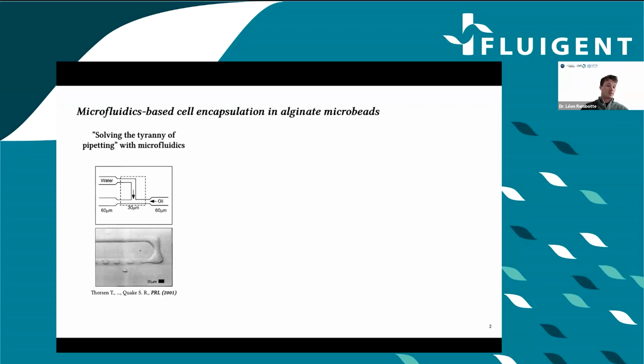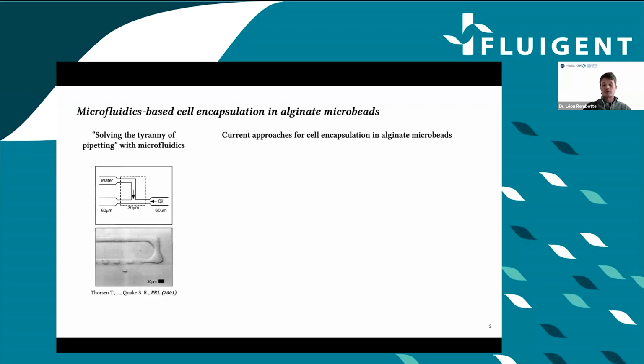Instead of taking a pipette to form these microbeads, we can use microfluidic channels to form water in oil emulsions, or alginate in oil emulsions, that contain cells. As soon as we form these emulsions, we need to bring the divalent cations in contact with alginate to cross-link it and allow subsequent recovery of the microbeads.